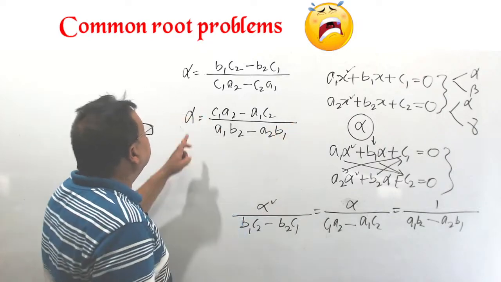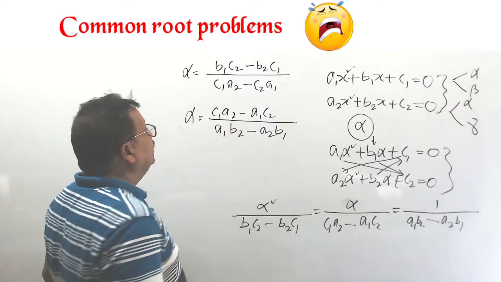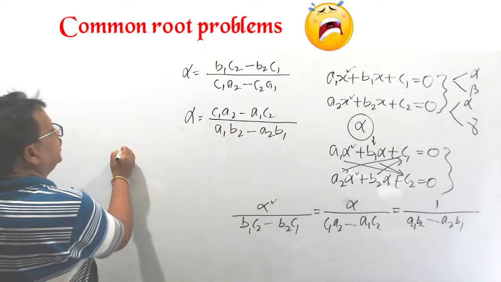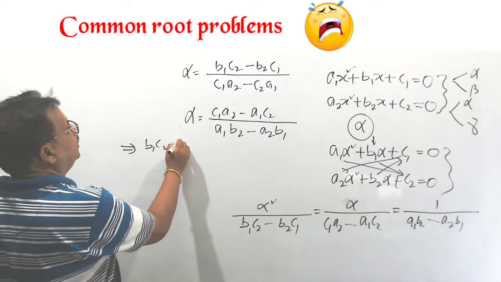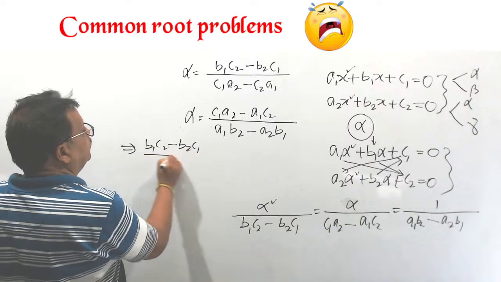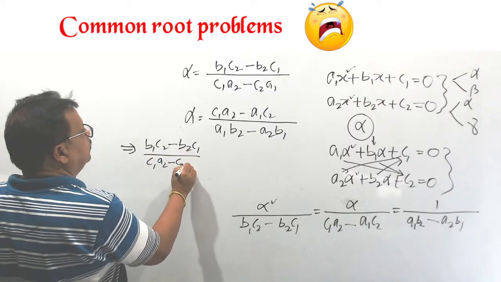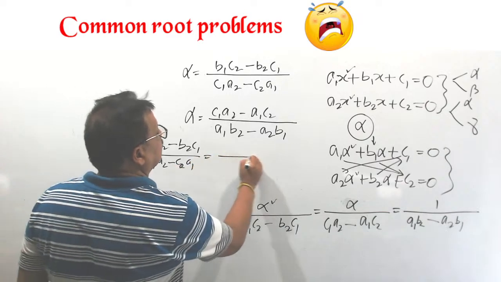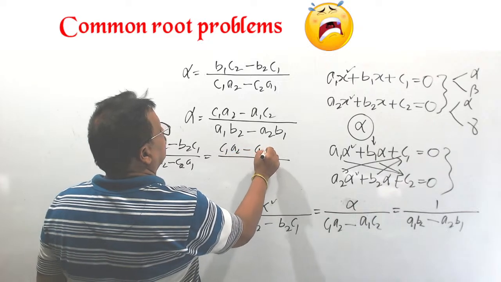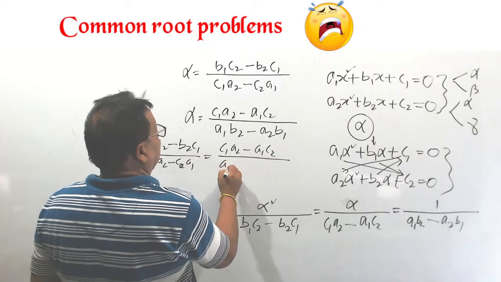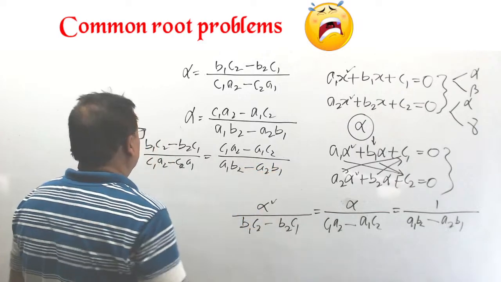Now see, both are alpha, therefore this is equal to this. This implies b1 c2 minus b2 c1 divided by c1 a2 minus c2 a1 equals c1 a2 minus a1 c2 over a1 b2 minus a2 b1.